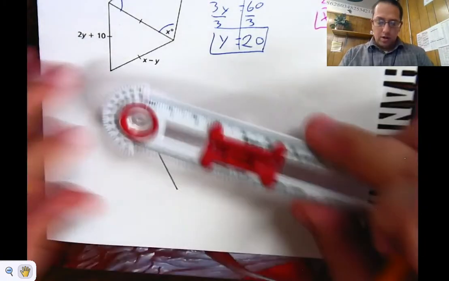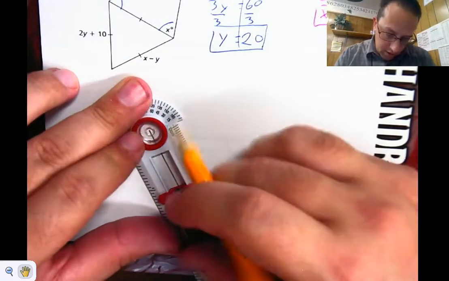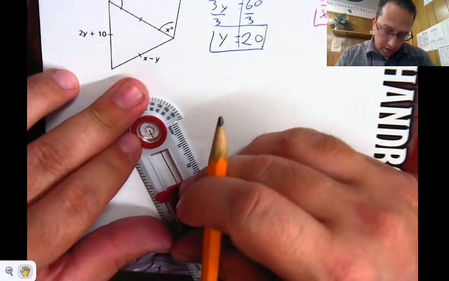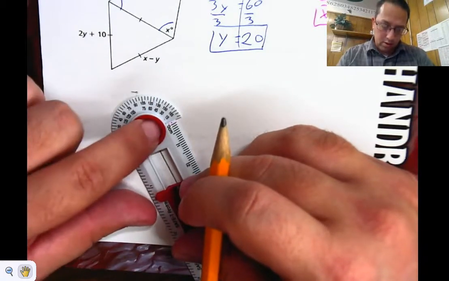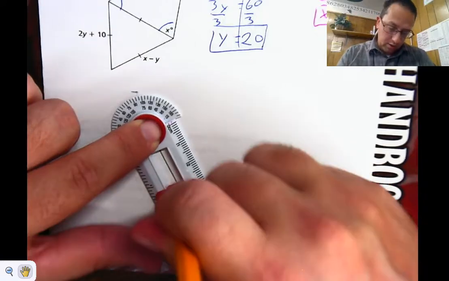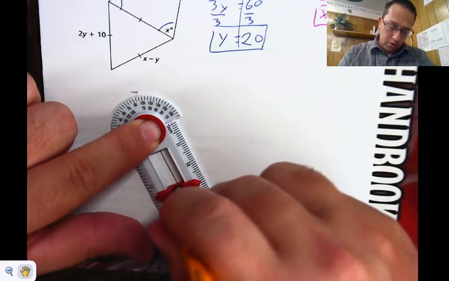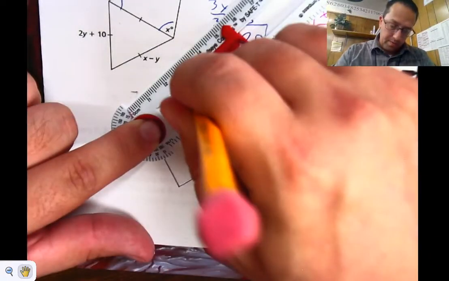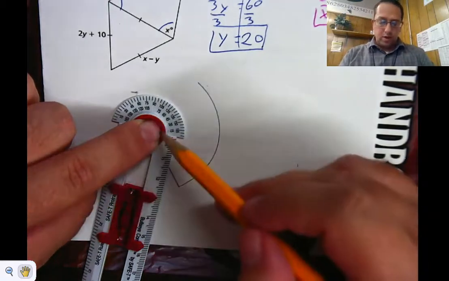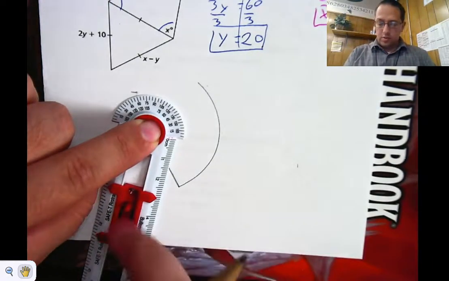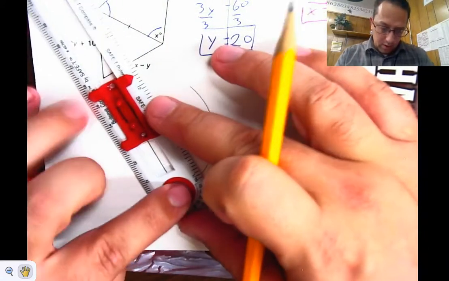So what we're going to do, we are going to set the radius on our compass to 3 centimeters. So start it right here at the crosshairs, and the other end right there on the other end of my segment, 3 centimeters. And I'm just going to draw an arc going up that way. Every point on this arc is 3 centimeters away from this vertex. Now I'm just going to turn it around and draw another one right here.